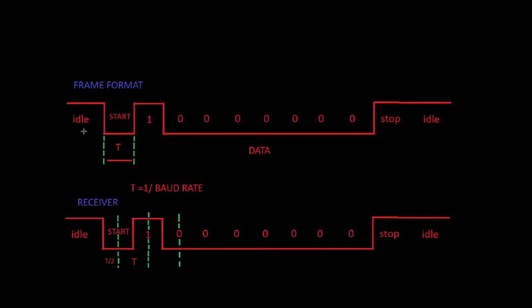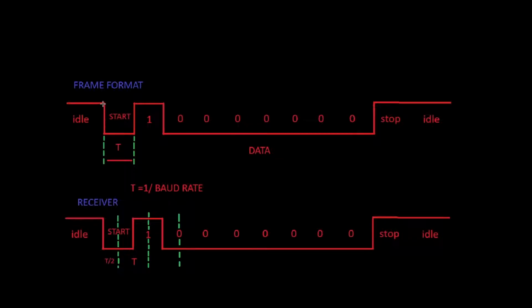In the idle state, this is where our UART is basically resting. It only receives the logic high signal, and while receiving it, it knows that no data transmission is happening.